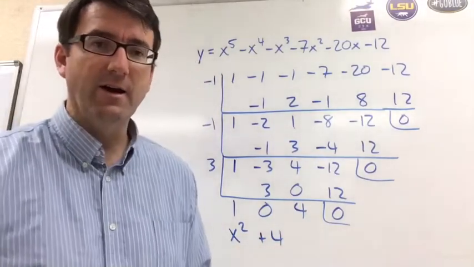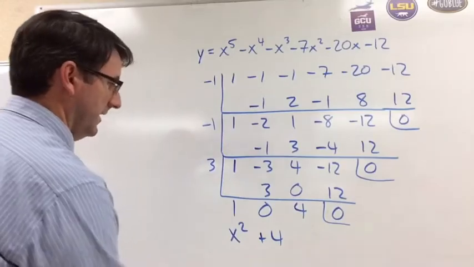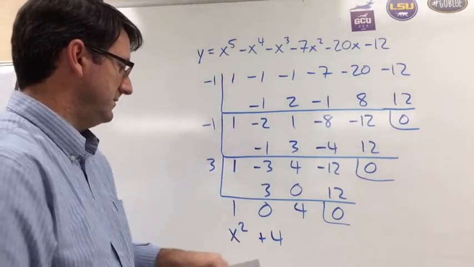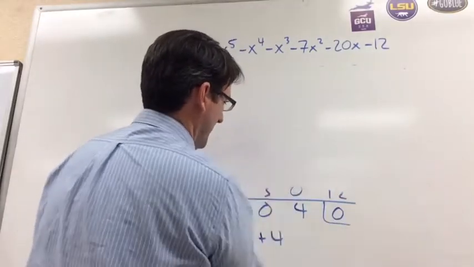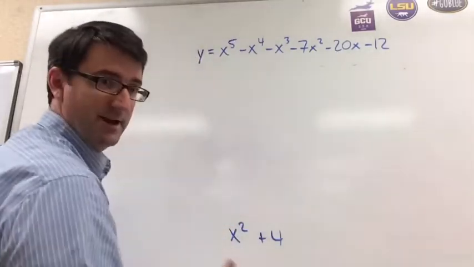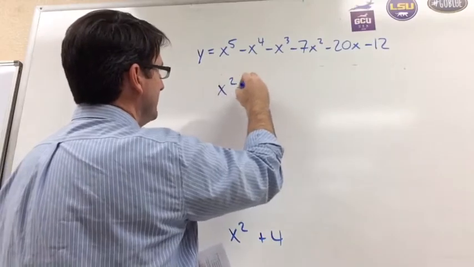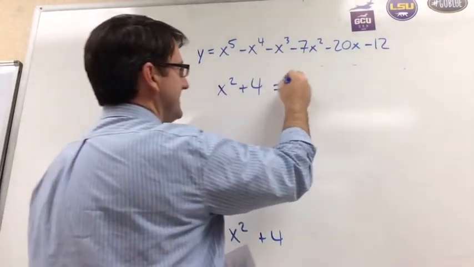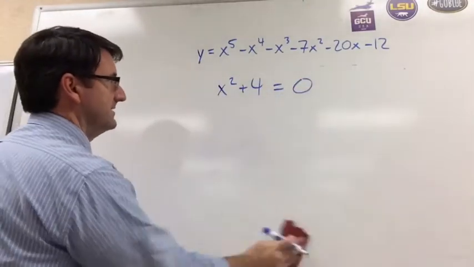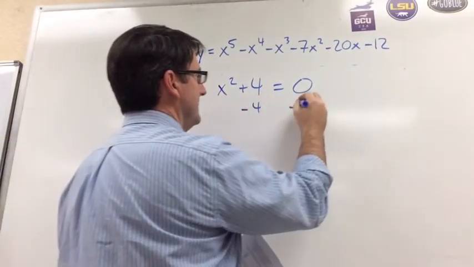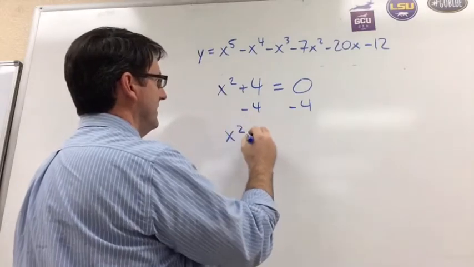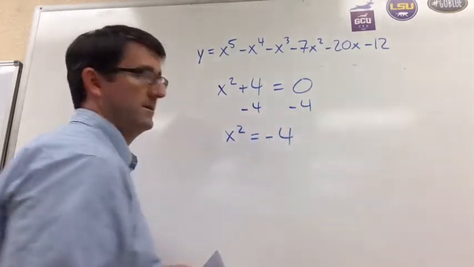And so to find our last two zeros, we're going to take this x squared plus 4, and we're going to set that equal to 0, and then solve for x. So let's subtract 4 from both sides. We get x squared equals negative 4.